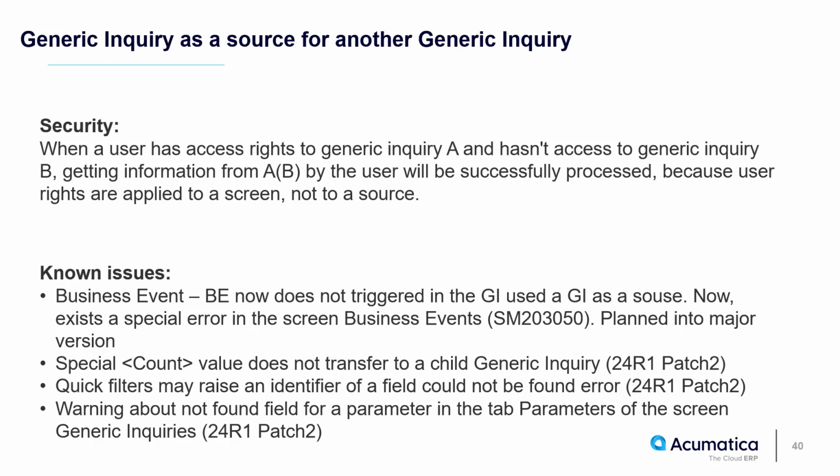Some additional details on that. First of all, when you use a generic inquiry inside another generic inquiry, the access rights will be checked only for the top level inquiry. It is by design. And also, currently business events do not trigger on the GIs that include other GIs.